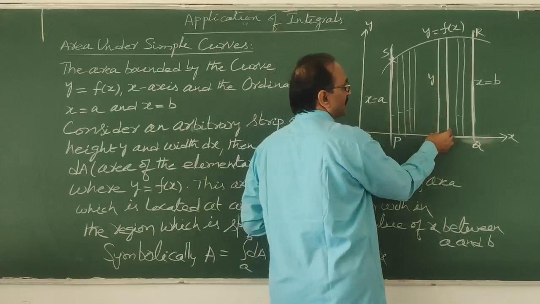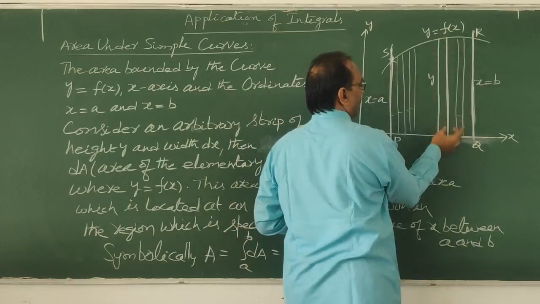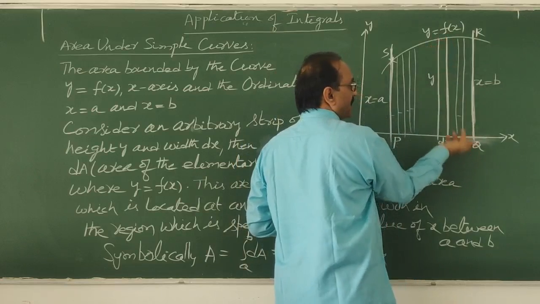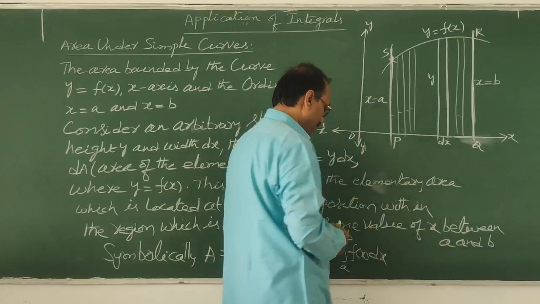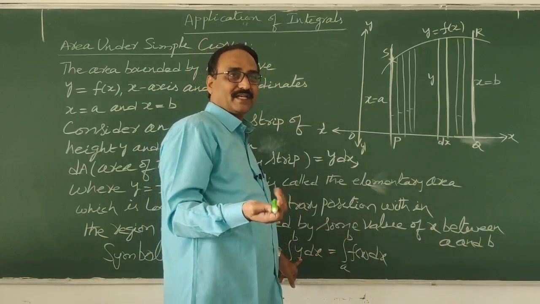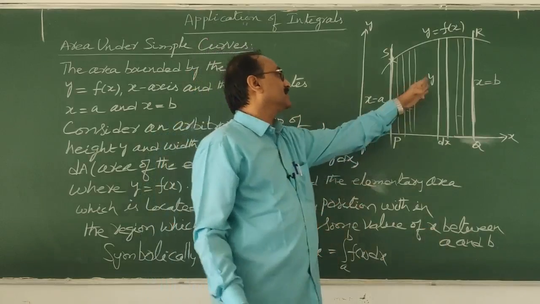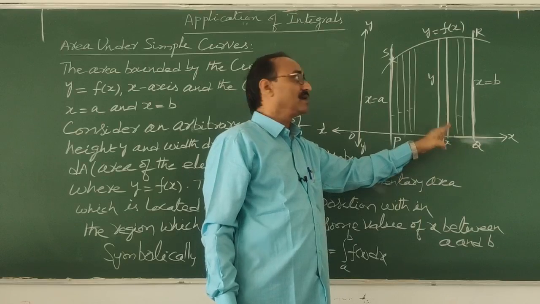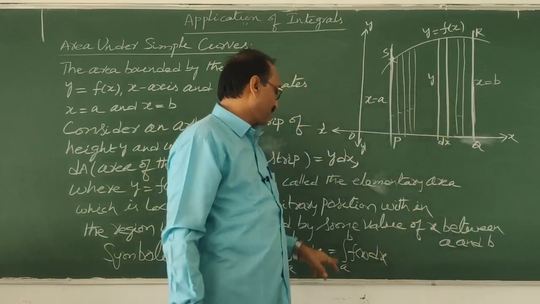So consider one strip like this: y, and the width is dx, height is y. So now what is the area? y dx, that only I wrote here, see. Length into breadth, this is height, this is breadth, so y into dx, area of a strip, y dx.